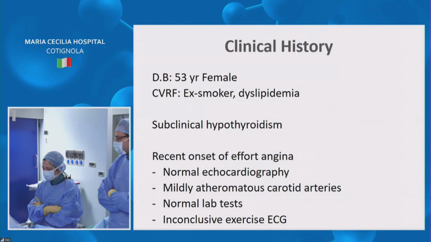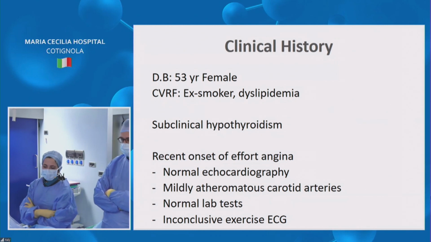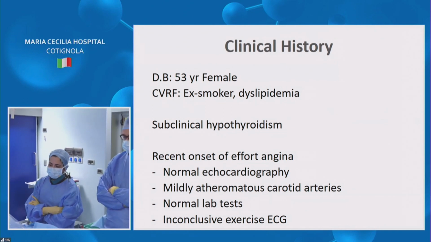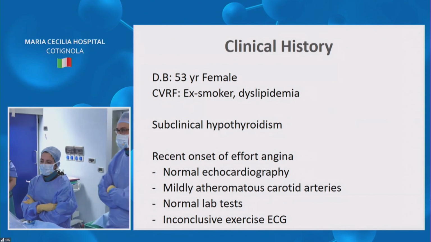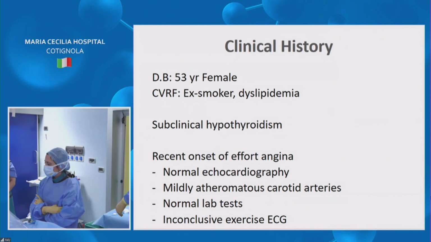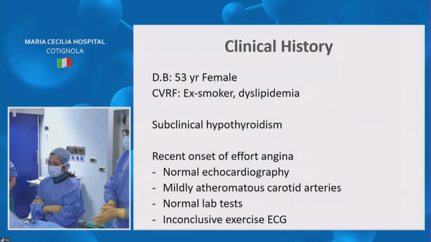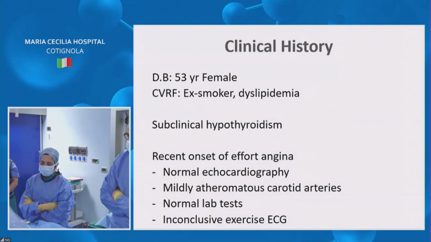Good morning. Here we have a young female patient, 53 years old. She is a previous smoker with mild dyslipidemia and subclinical hypothyroidism. She has been suffering from a few months of effort angina with typical chest pain.